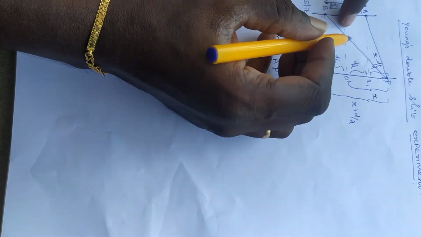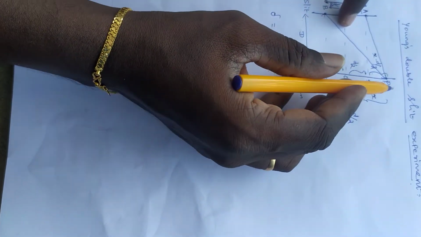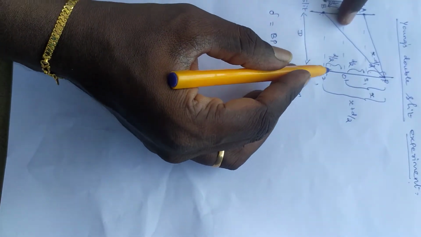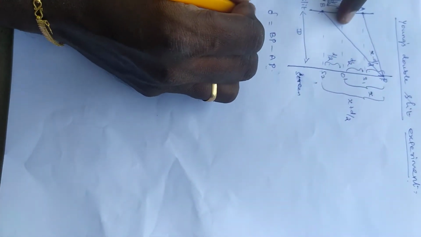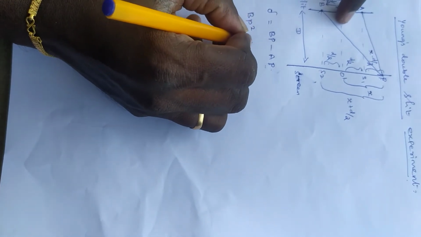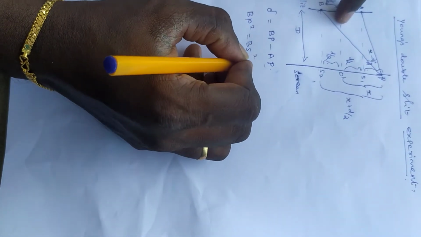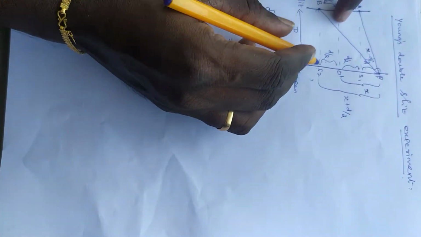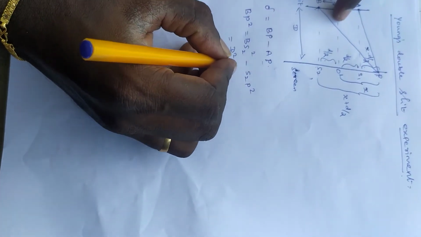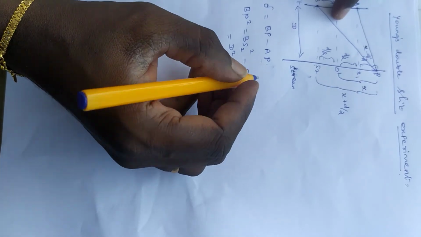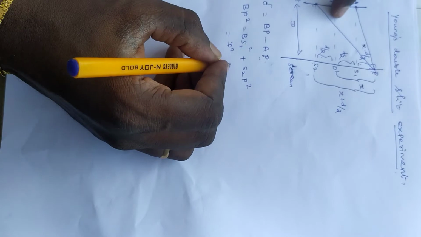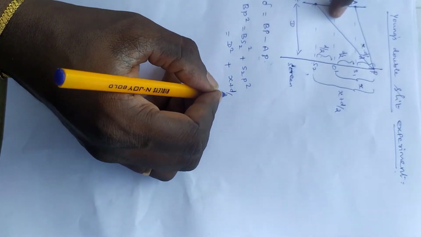So now, in triangle P S2 B, BP squared is equal to S2 B squared plus P S2 squared, where B S2 is capital D and P S2 is x plus d by 2 the whole square.